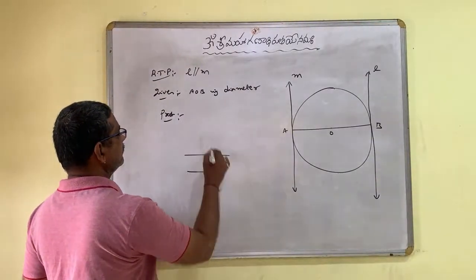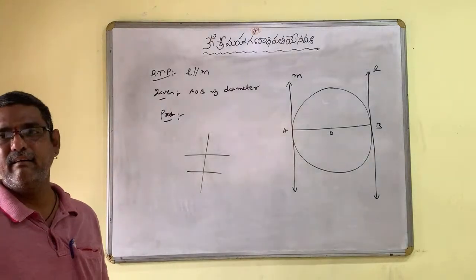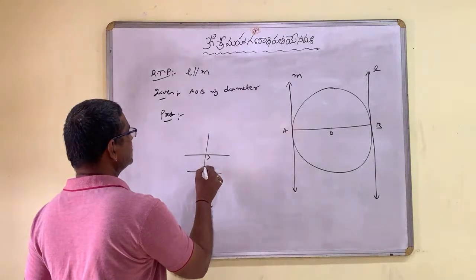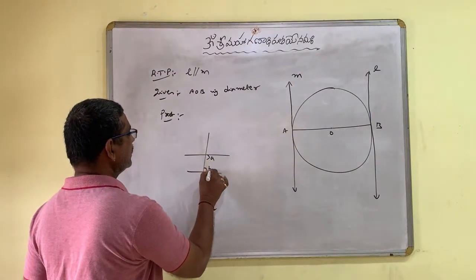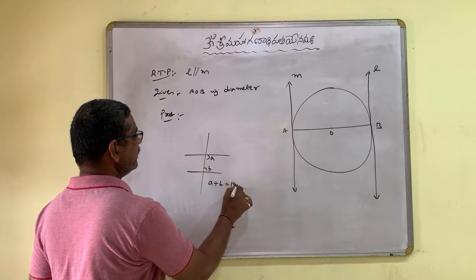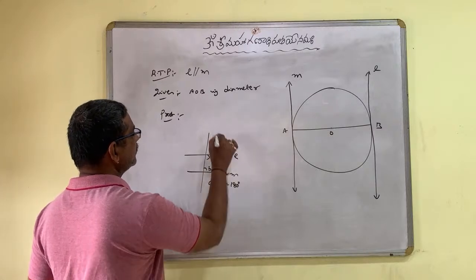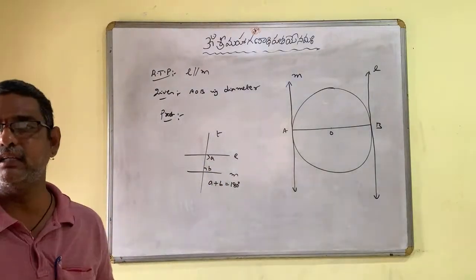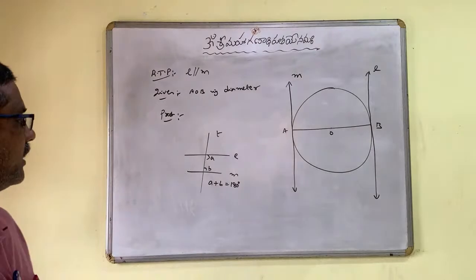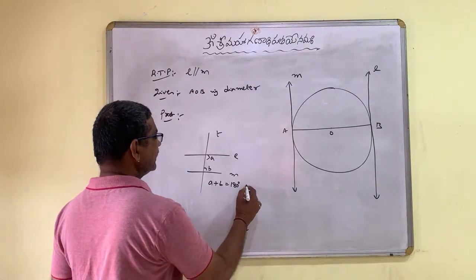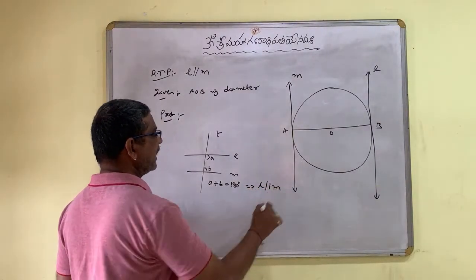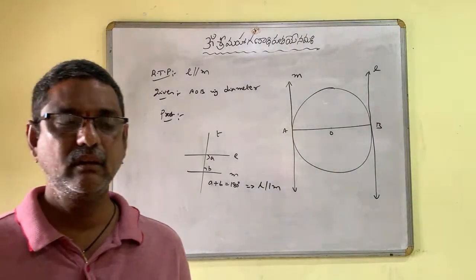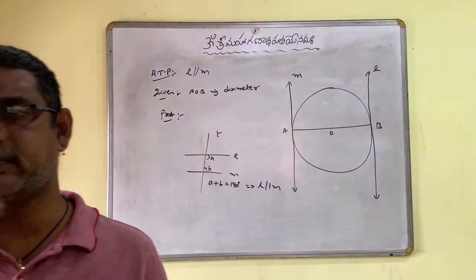If a line intersects two lines and the interior angles on the same side of the transversal sum to 180, then we can say that the lines are parallel to each other. This is what we call Euclid's fifth postulate.